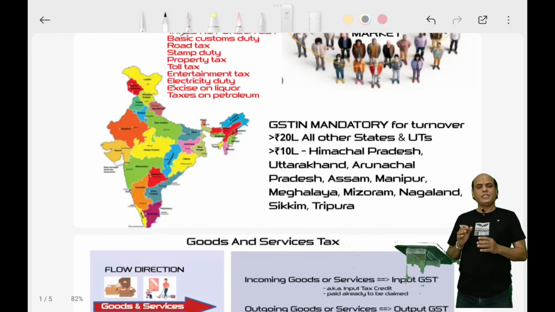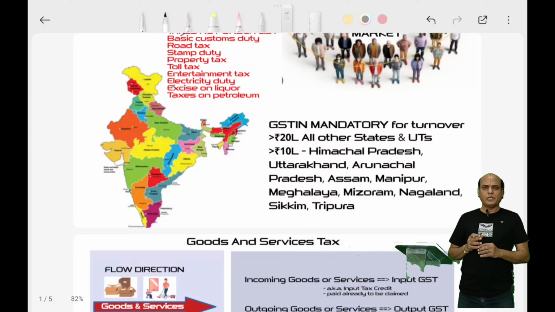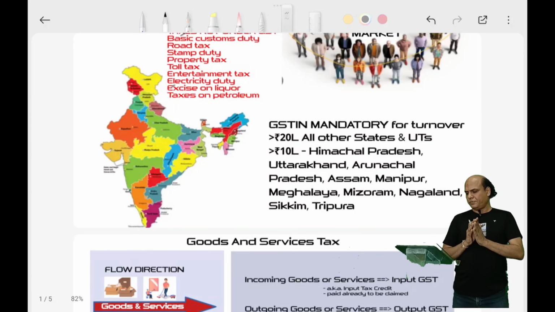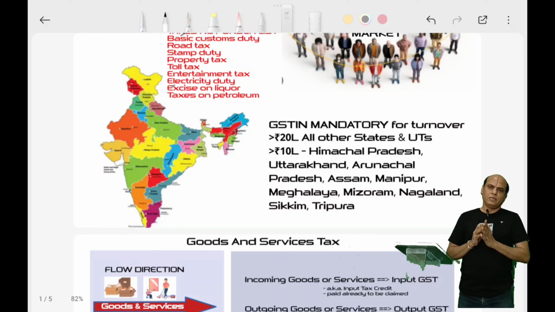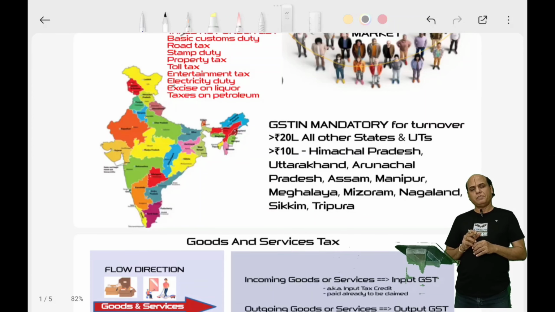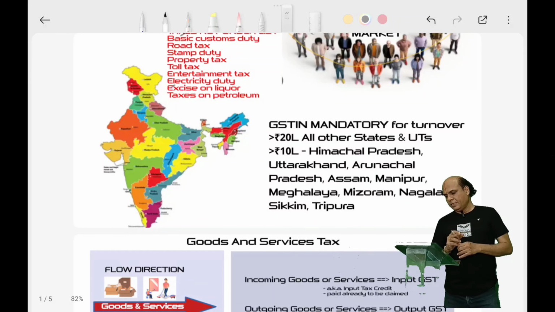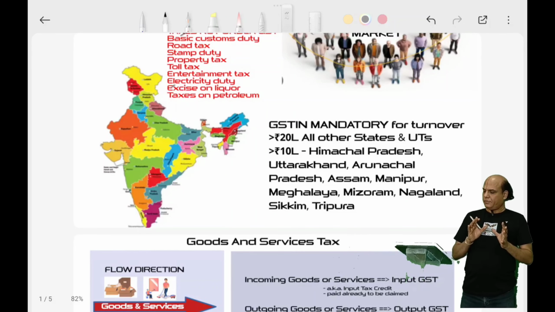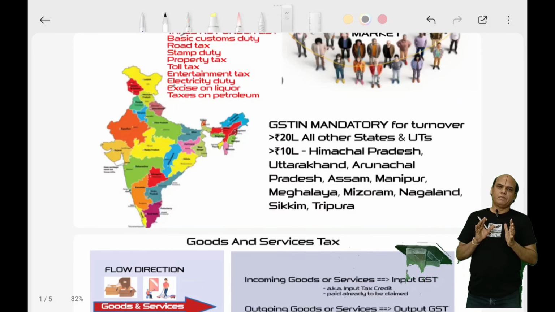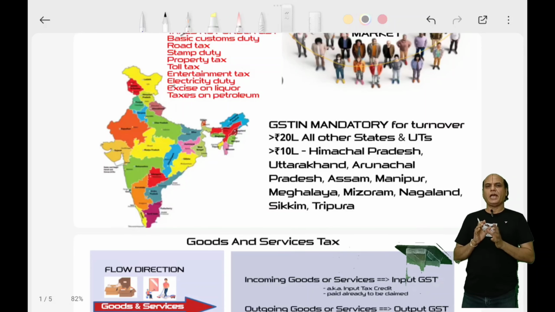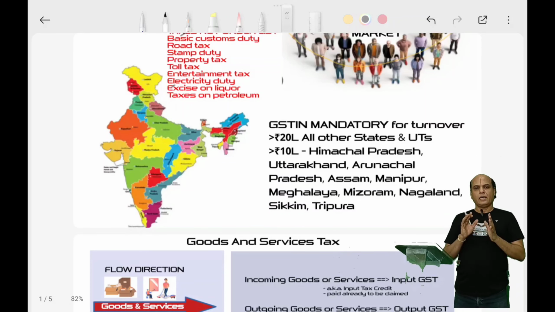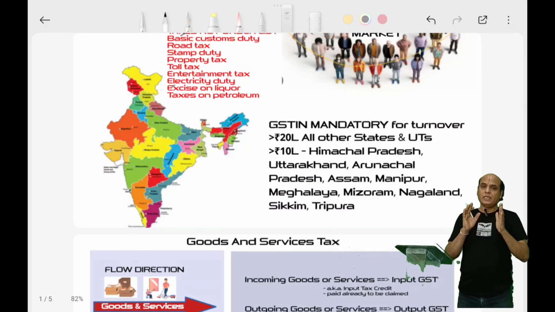So this GST that we are talking about applies to all the states and union territories. Let us go into details later on. But first of all, who has to pay goods and services tax? So the government has come up with a rule. See, any person whose turnover per year is above 20 lakhs is supposed to pay GST to the government.